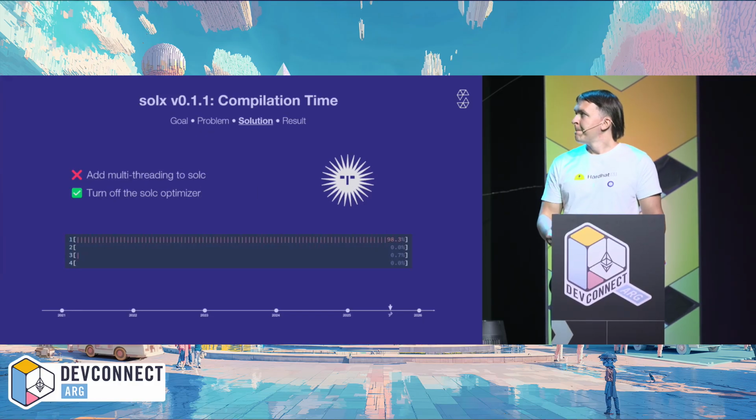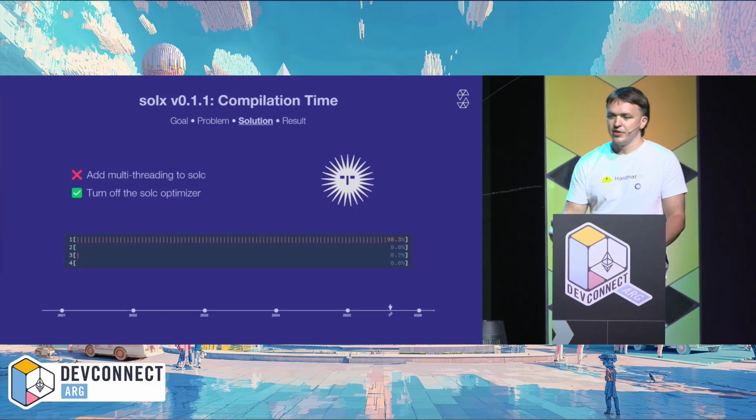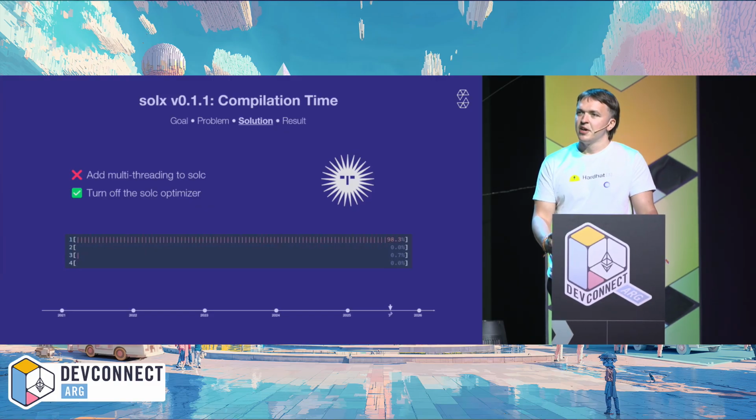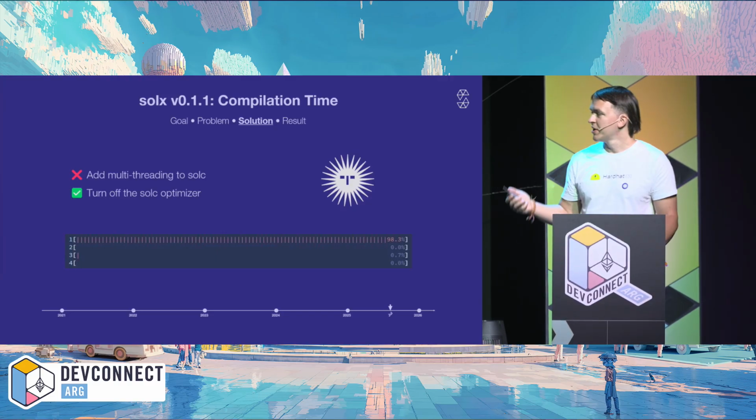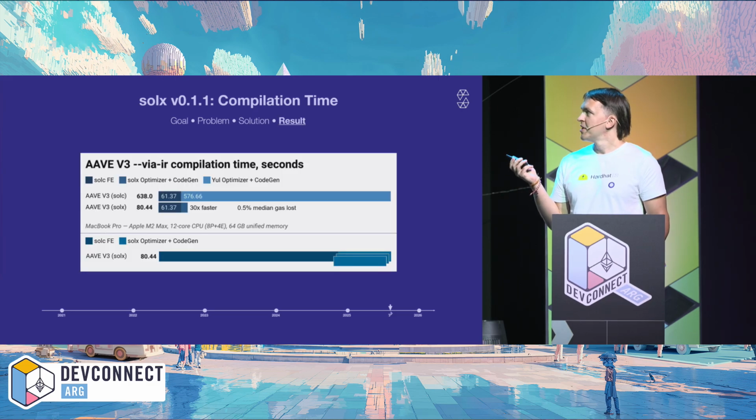So we tried to add multi-threading to solc, but the coupling between components was so high and there were so many global variables, the whole design was not suitable for multi-threading, so we only turned off the solc optimizer for Yul, and here is what happened. This is not an average case, this is an extreme case.